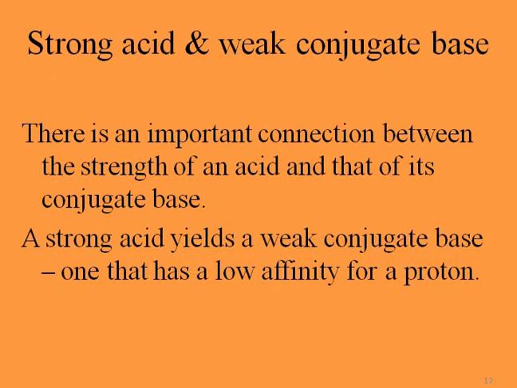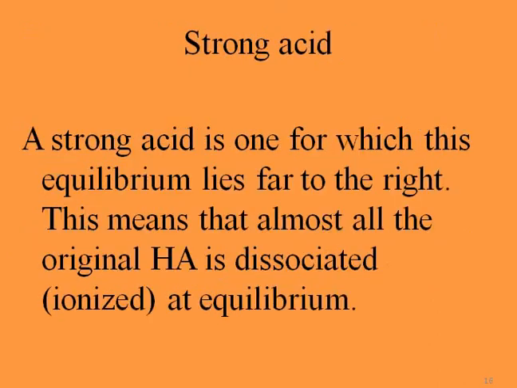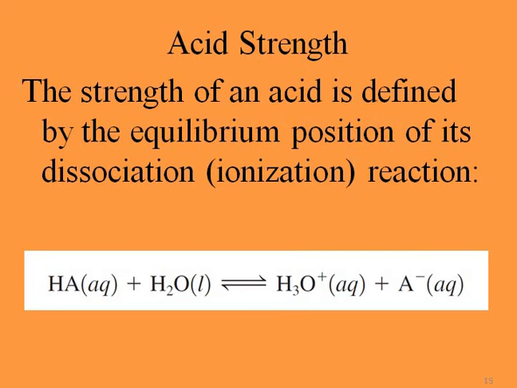So, strong acid and weak conjugate base. This is an important connection between the strength of an acid and that of its conjugate base. A strong acid yields a weak conjugate base, one that has a low affinity for the proton. So when I go back to this reaction again, when we have a strong acid HA, when it loses the proton, it becomes A minus.